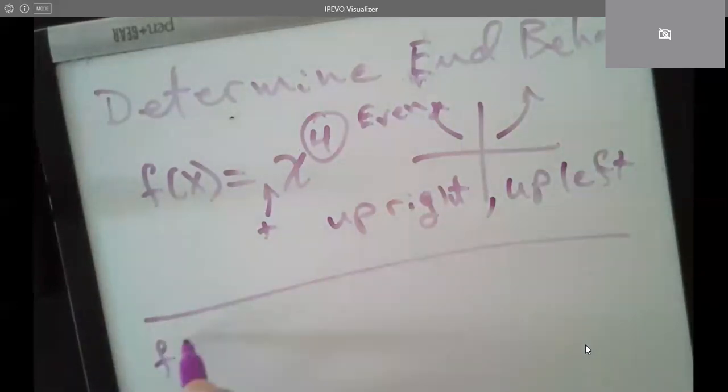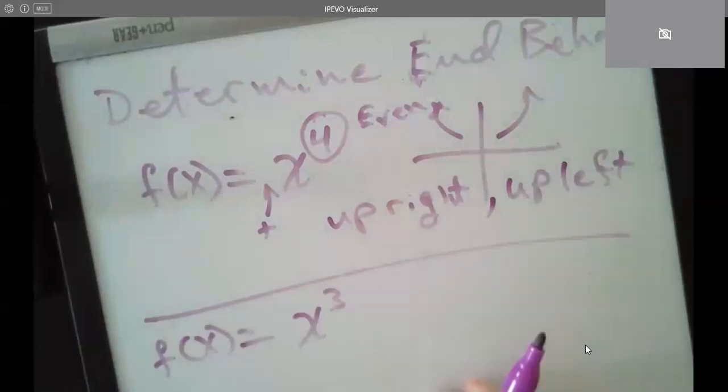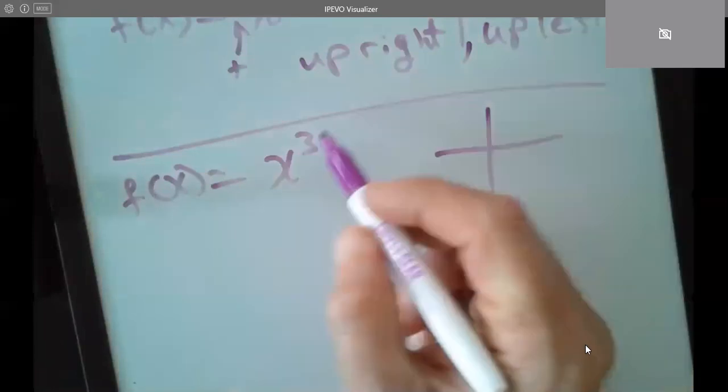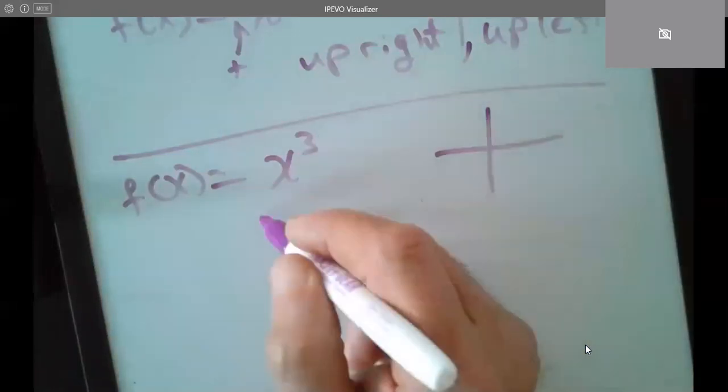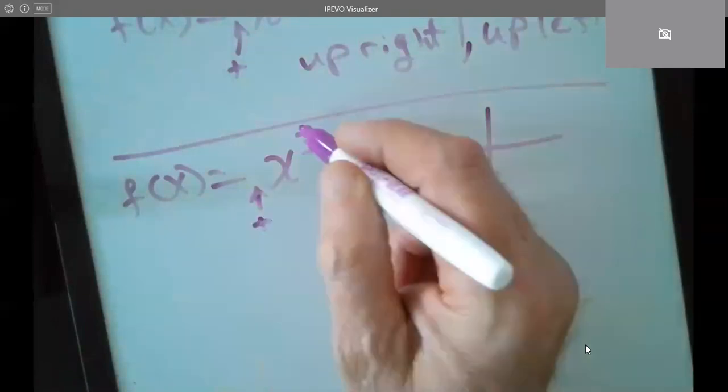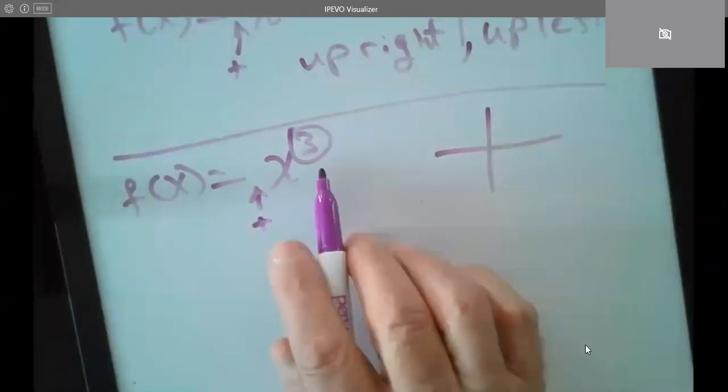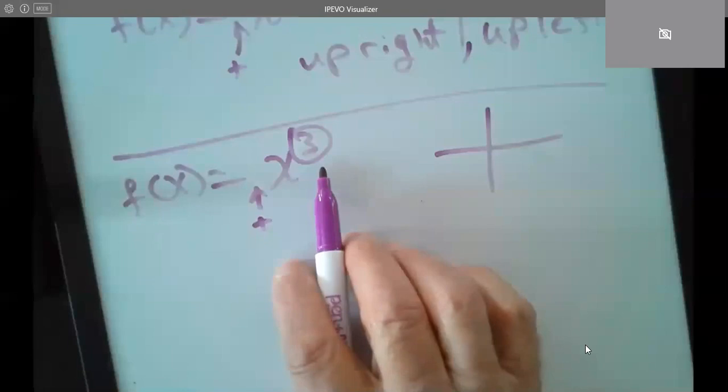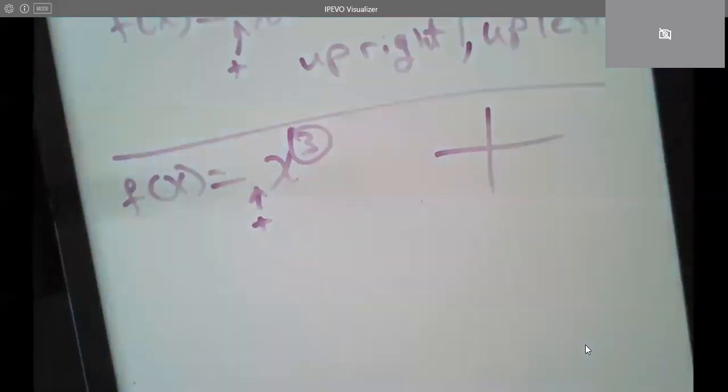F of x equals x cubed. So what is this? It's positive, right? And so is this an even or an odd function? Even would be like 2, 4, 6, 8, right? Odd would be like, so it would be one up, one down.